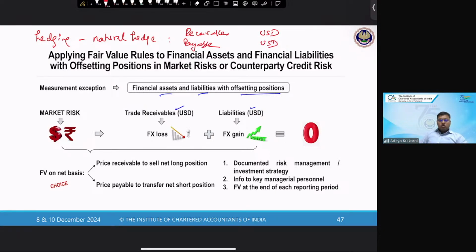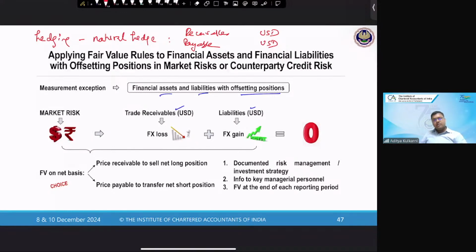Yes. So now the question that arises is, there are certain financial assets and financial liabilities where offsetting exists. So when I talk about fair value, should I fair value the financial assets separately, the financial liabilities separately, or can I do an offsetting and determine the fair value on a net basis?